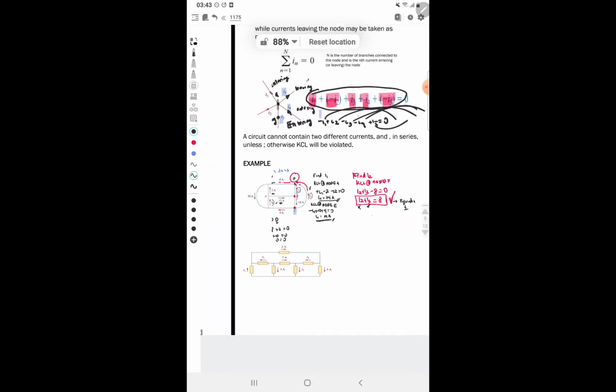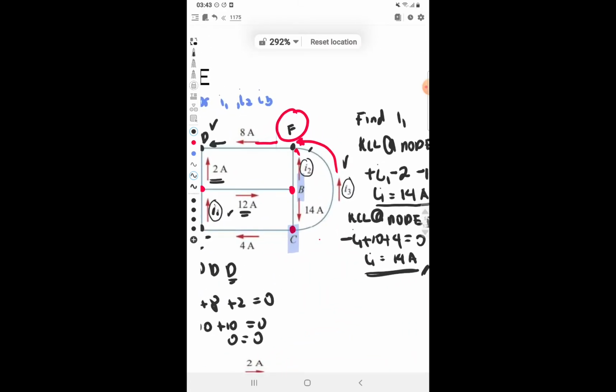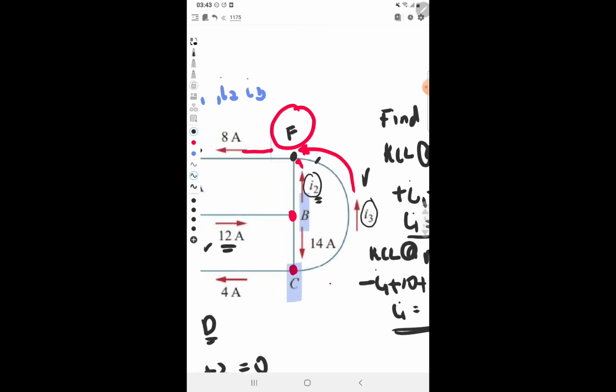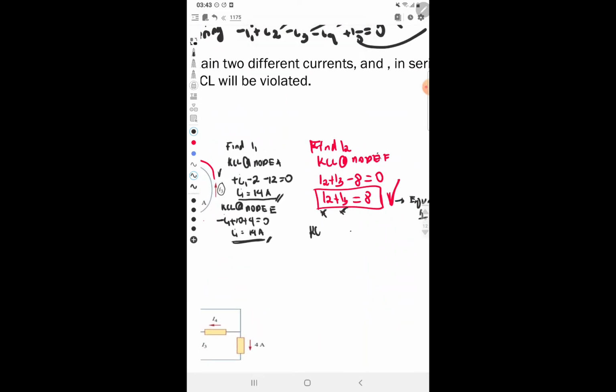But in this case, since the currents are already given, we can solve either of the two, I2 or I3. If I take KCL at node B for solving my I2, so KCL at node B, what is my node B?